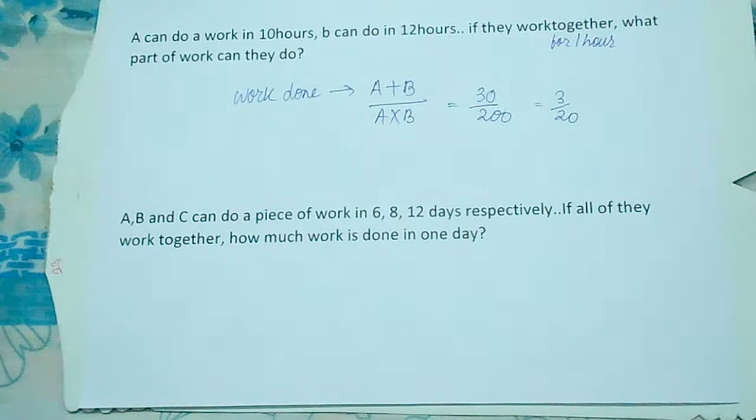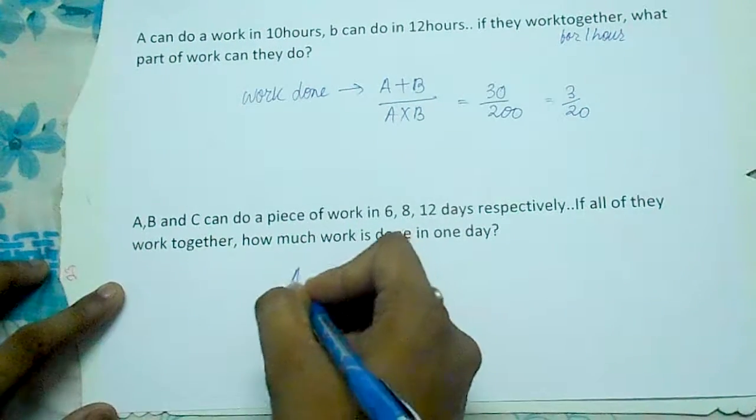And proceeding to the next sum, it states that A, B, C can do a piece of work in 6, 8, 12 days respectively. So A takes 6 days, B takes 8 days, and to do the same work C takes 12 days. If all of them work together, then how much work is done in one day?